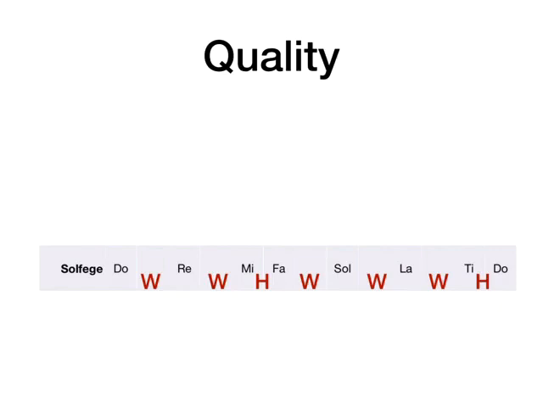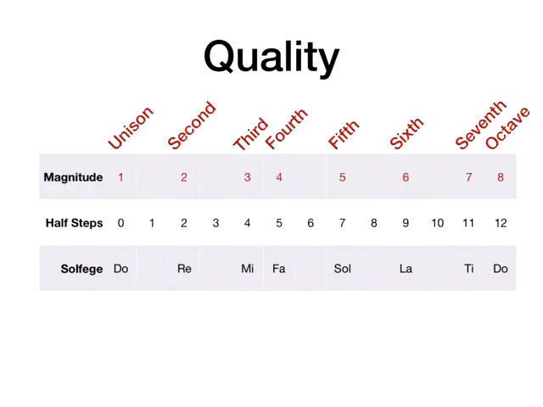Everything we do comes back to scales. Remember that we define the scale as whole, whole, half, whole, whole, whole, half, with the syllables do, re, mi, fa, sol, la, ti, and do, regardless of what key we're in. If you add up all those whole and half steps, you will find that there are a total of 12 half steps between low do and high do.